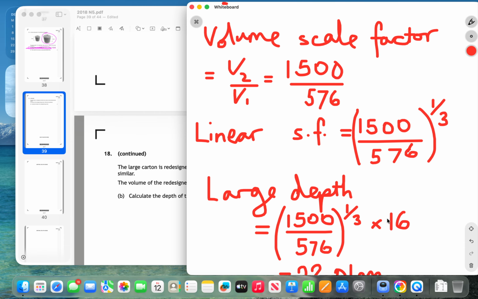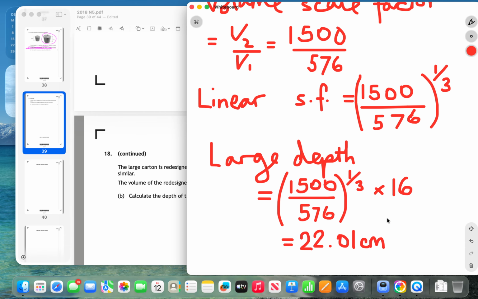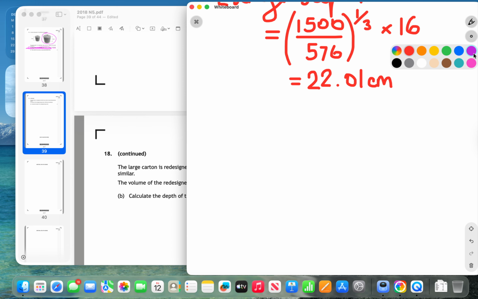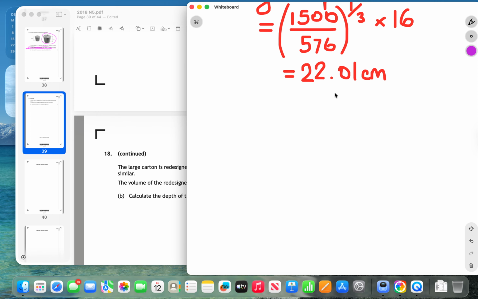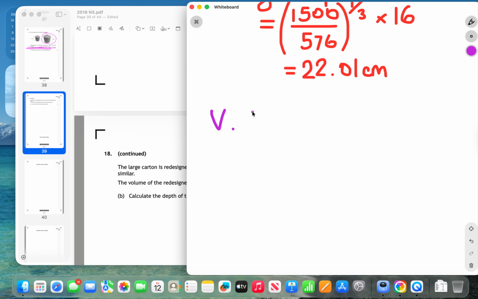The other way you can do this one is to find, we'll do this one in purple. I won't go through this in as much detail because it's a less common method and most pupils use the one that I used in red. So we'll call it VSF. Never write this in the exam, always write out volume scale factor. I'm just doing this for shorthand. So V1 over V2.